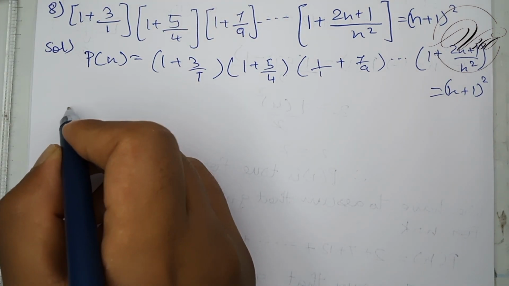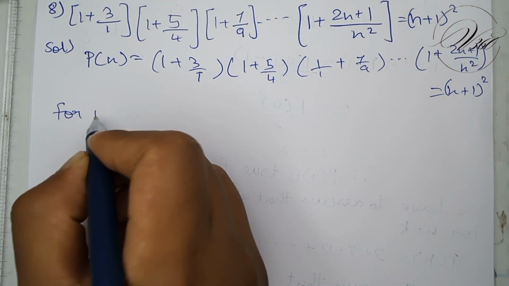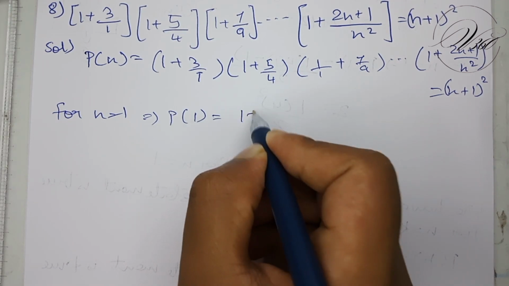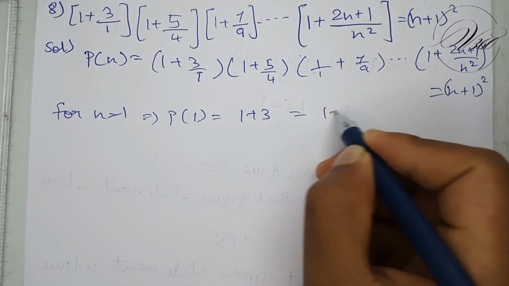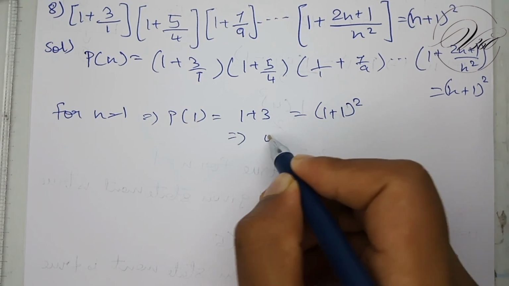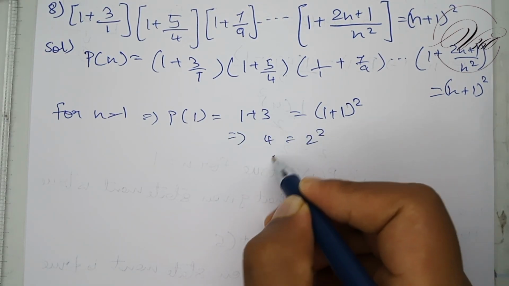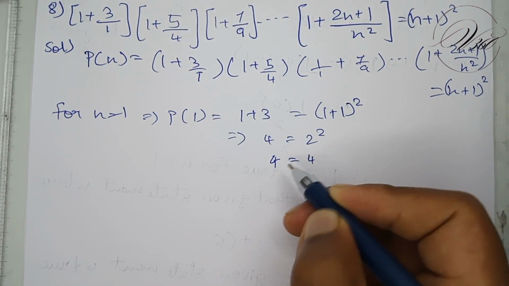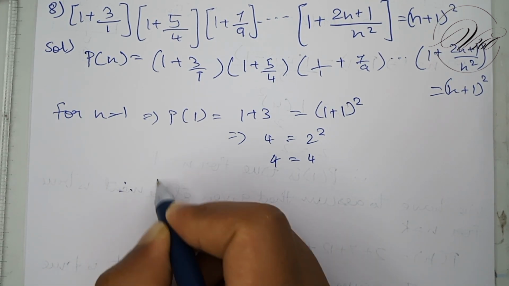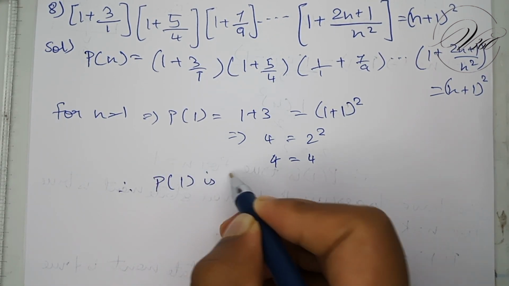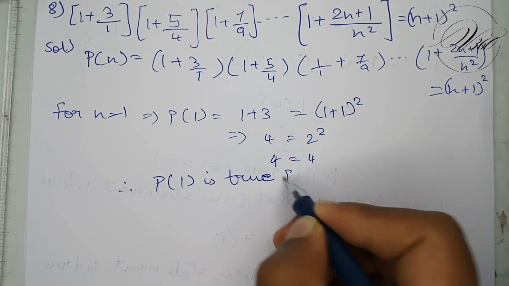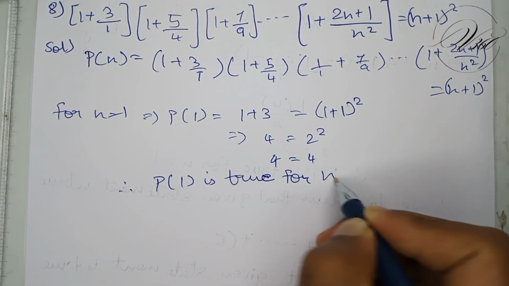Then for n equals 1, P(1) is equal to 1 plus 3 is equal to (1 plus 1) whole square. Now it implies 4 is equal to 2 square, 4 is equal to 4. Now therefore P(1) is true for n equals 1.